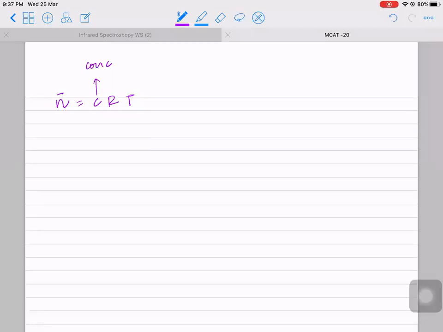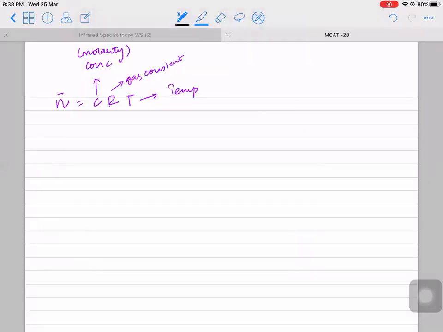Over here, you are using the concentration, which is the molarity, where R is the gas constant and T is the temperature, right? So you can use this to calculate the osmotic pressure.